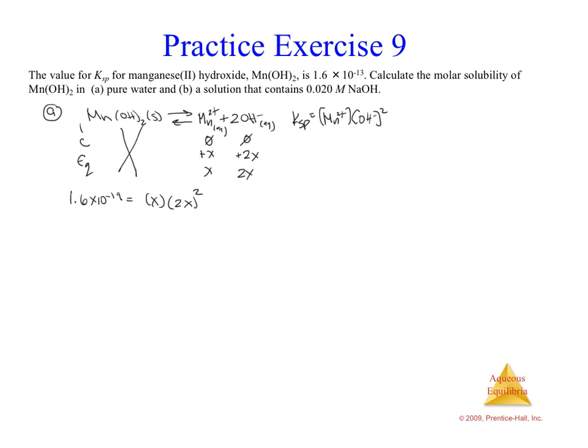Now I can solve for x: 1.6 times 10 to the negative 13 equals x times 2x squared, which is 4x squared times x.